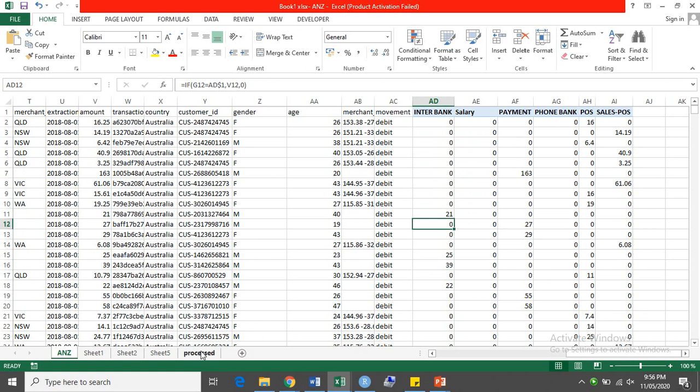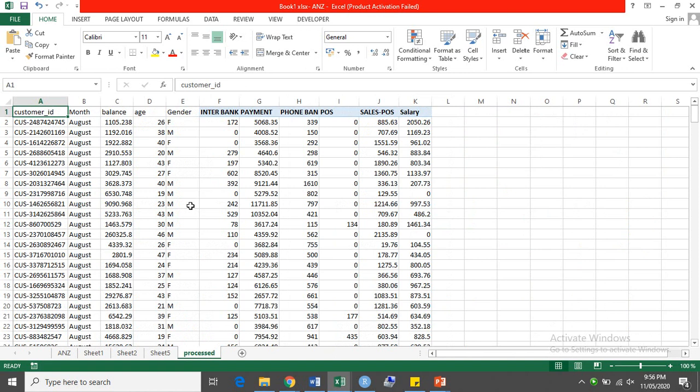So I further processed it and chose a set of variables that I personally think would be useful for me.